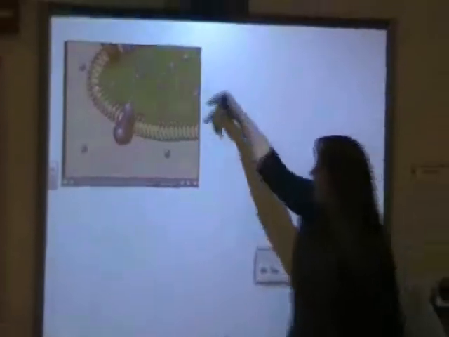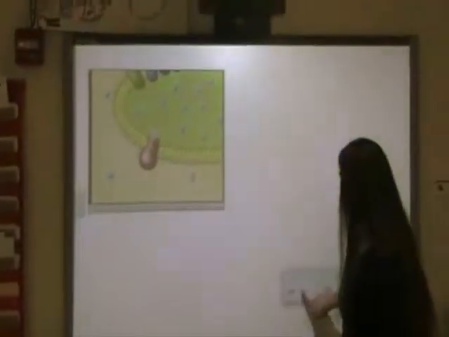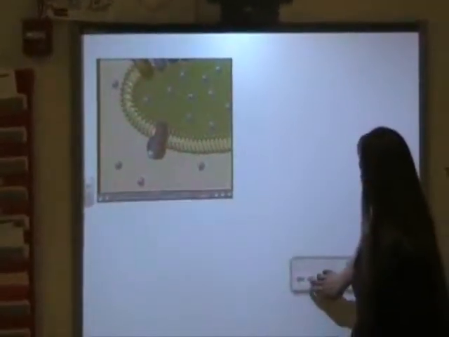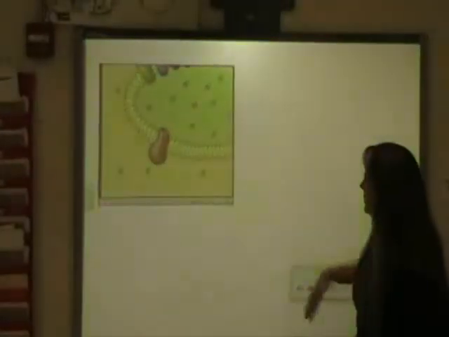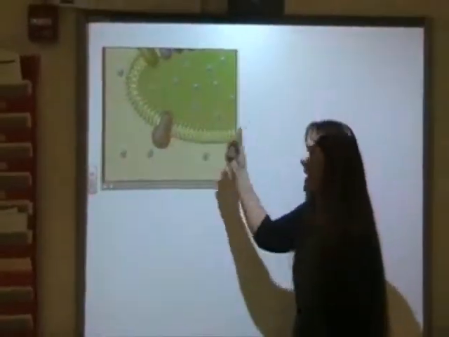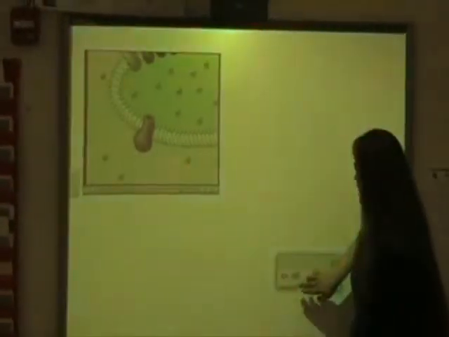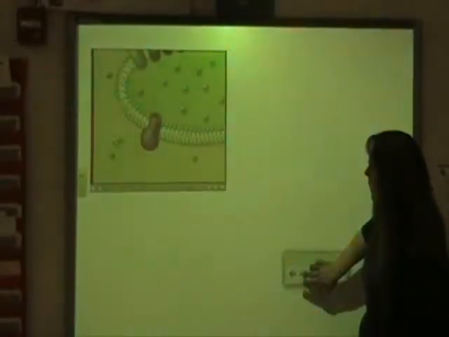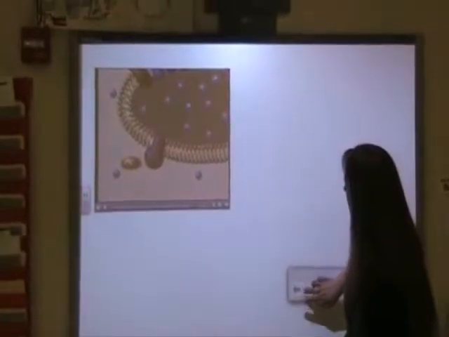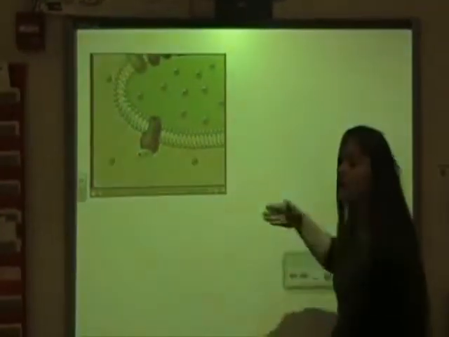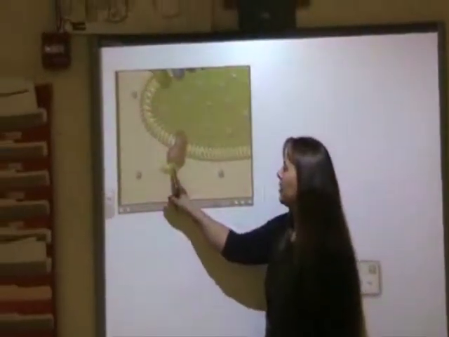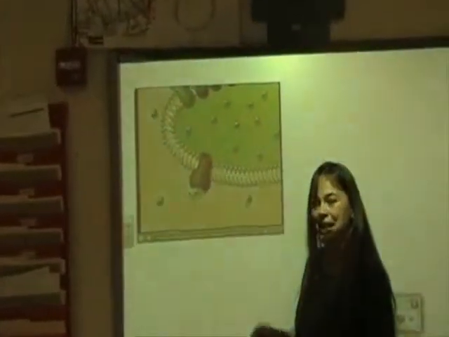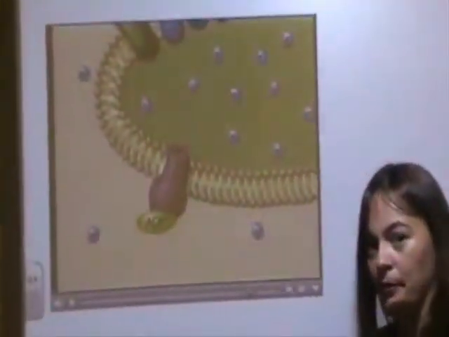So hydrogen funnels through ATP synthase, and when it does this, it's not showing in this animation, but it spins. ATP synthase will spin. And ADP, that low energy molecule, comes near it and it's phosphorylated. That means it's added on a phosphorus. And it's like recharging your cell phone battery.